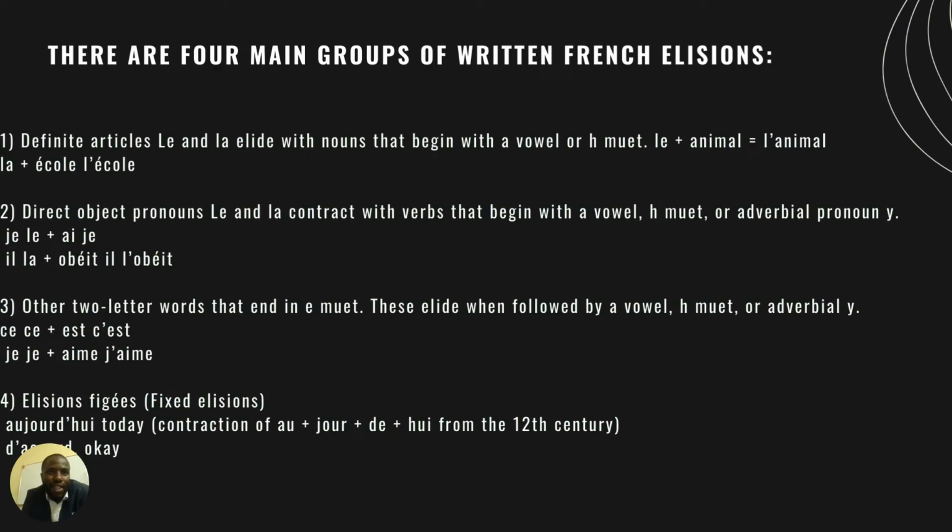These are indefinite articles. Then le and la, they translate to the, which is a definite article. When we're talking about something that's definite, we use the in English, which is a definite article. So when we say definite articles, it literally means the. So le and la are elided with nouns that begin with a vowel, or a h muet. A h muet is just a silent H.